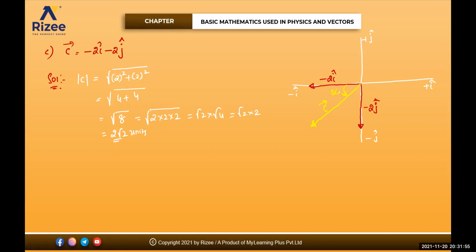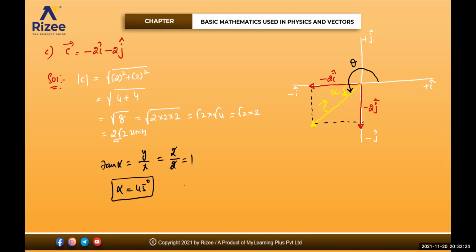Can anyone tell me what will be the angle theta? Angle will be from the positive x-axis. From here, we need to take this one. This one will be the theta. Now first tell me the alpha. Tan alpha is equal to y by x. Y is 2, x is also 2. 2 and 2 get cancelled, 1. So if it is 1, alpha will be equal to 45 degrees.